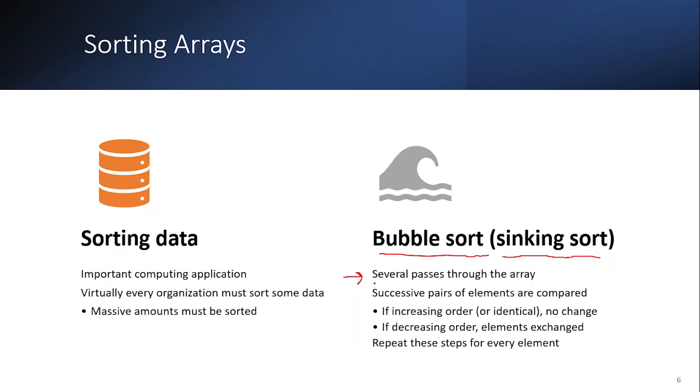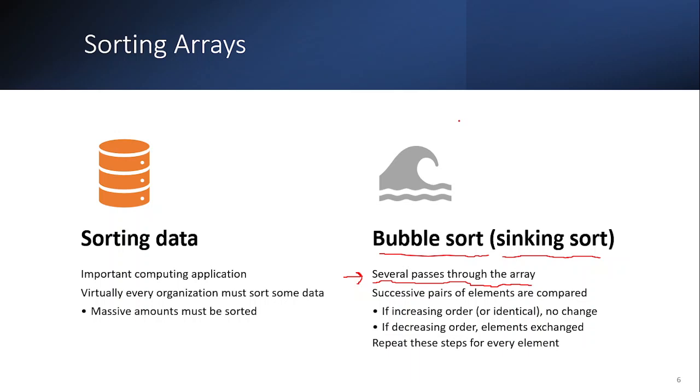This algorithm sorts an array in several passes. In order to sort the array, you have to go through the elements of the array more than once. The way you do it is that you compare two consecutive elements, and if they are in the required order, you do not swap them.